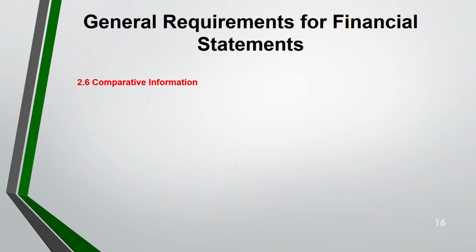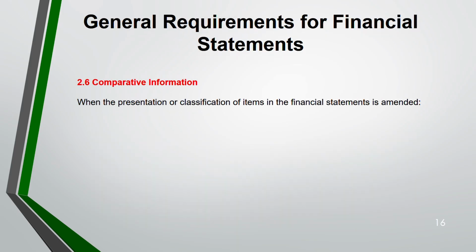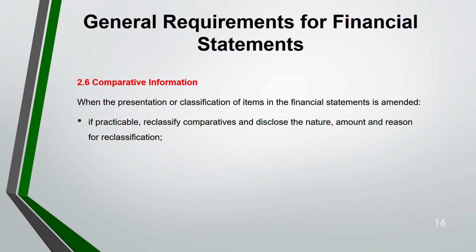Okay. Next. When the presentation or classification of items in the financial statements is amended, it's changed, then if practicable, reclassify comparatives and disclose the nature, amount, and reason for reclassification. You have to reclassify the comparatives also. In the current financial statements, if you are changing the presentation or classification, go back and reclassify the comparatives also.